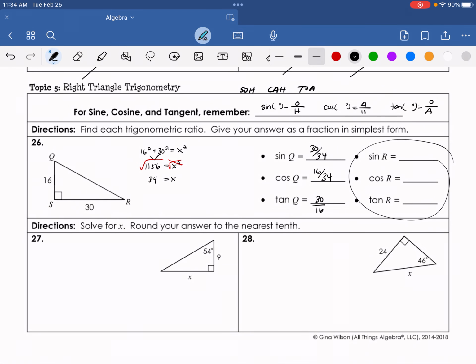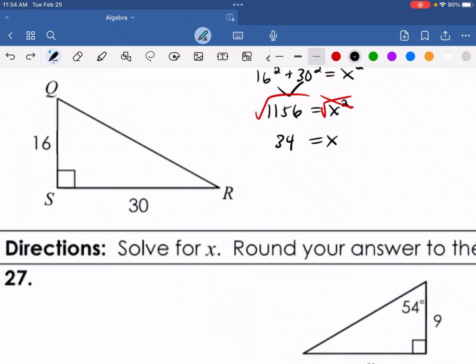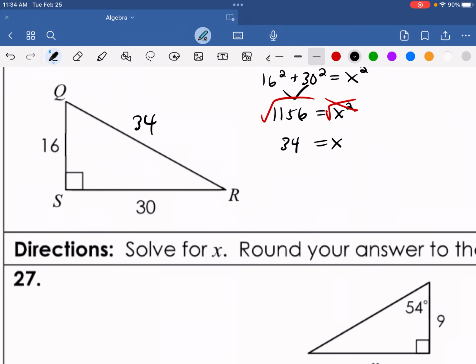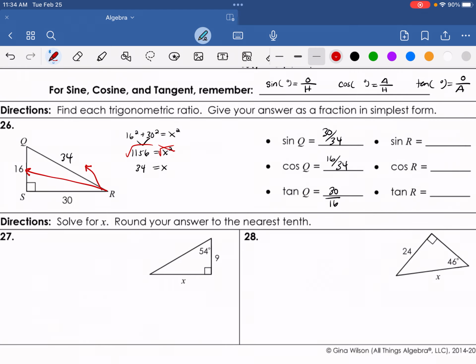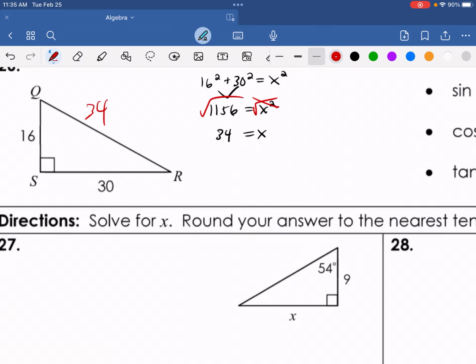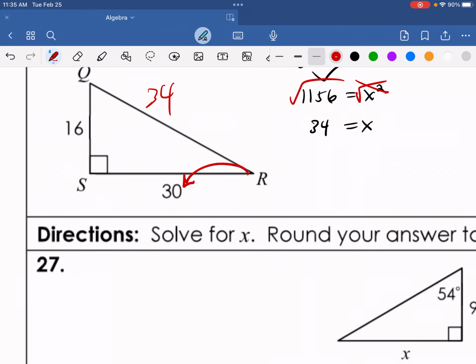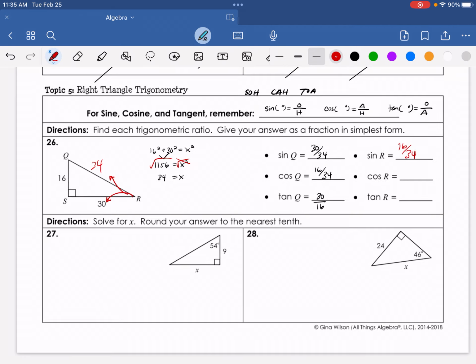Sine R, cosine R, tan R. Now you are starting from the R corner. Sine is opposite and hypotenuse, so that's 16 over 34. Cosine R, if I'm at R, this is adjacent and that one's hypotenuse. So it's 30 over 34.